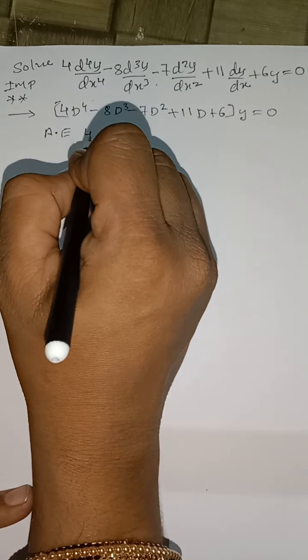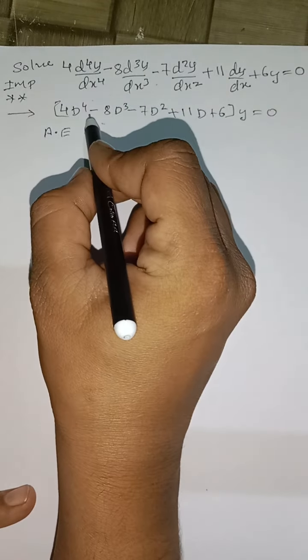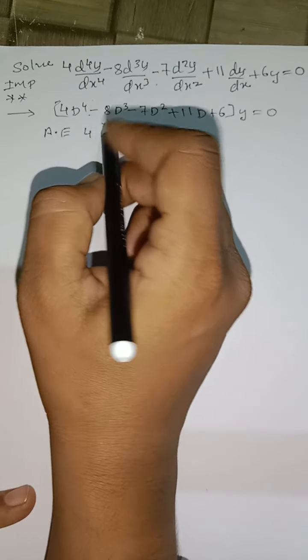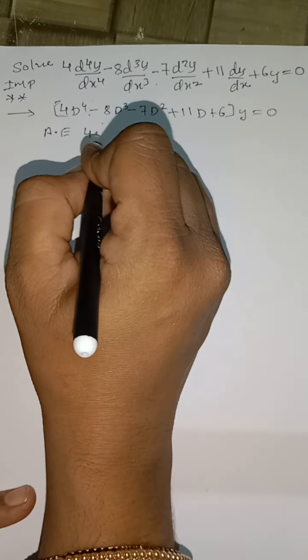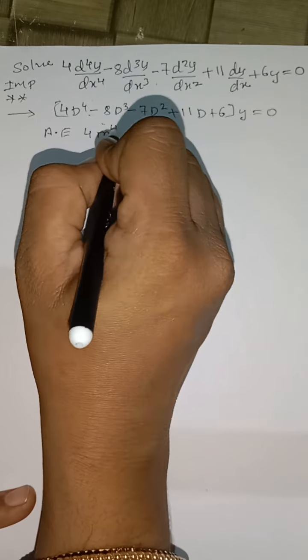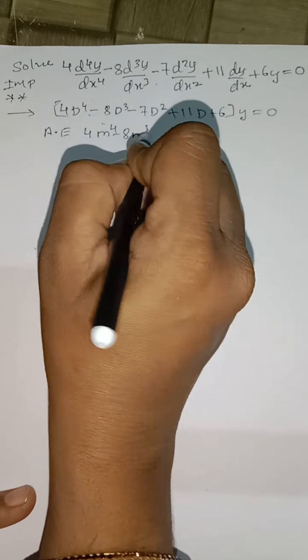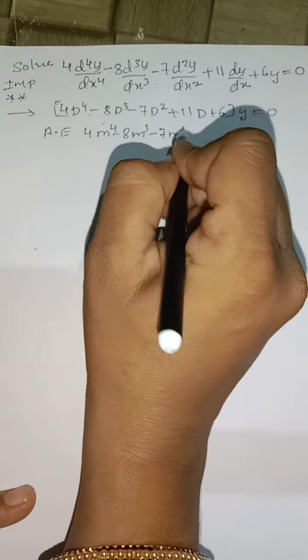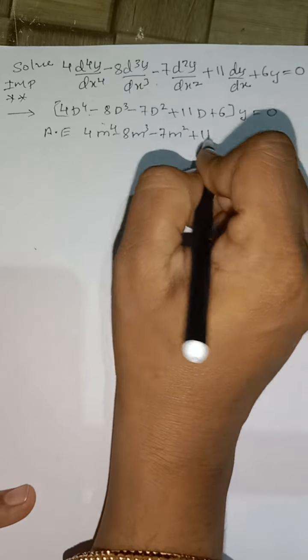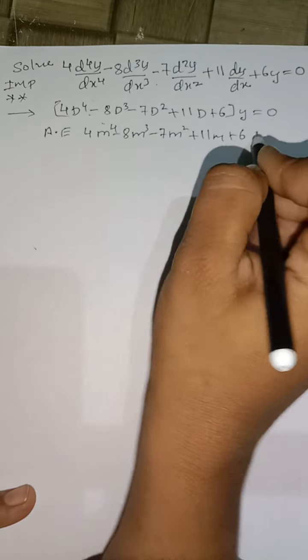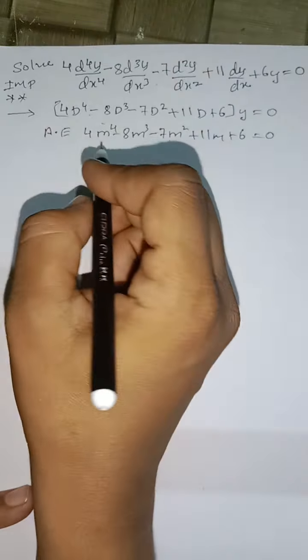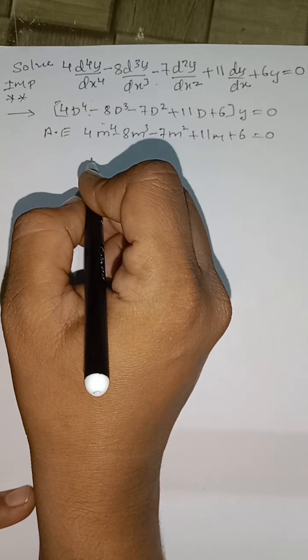For the auxiliary equation, just replace the value of D by m. So 4m^4 minus 8m^3 minus 7m^2 plus 11m plus 6, and equate it to 0. Right. Now we have to simplify this.